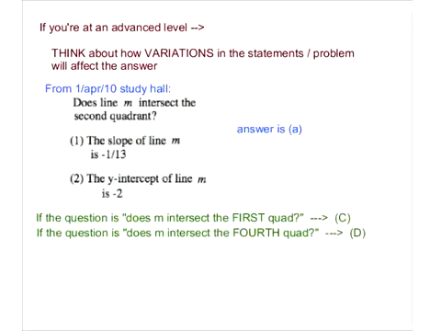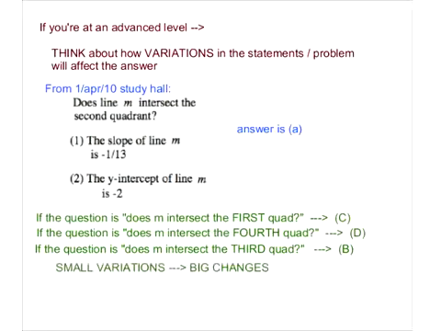If the question is, does M intersect the third quadrant, then the answer is B. We don't have time to go over these variations today. You've got to figure it out on your own. But the point here is that small variations in the problems mean big changes in the answer. It's like chaos theory or something.